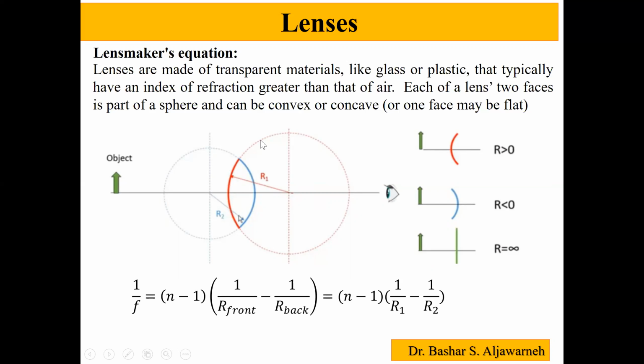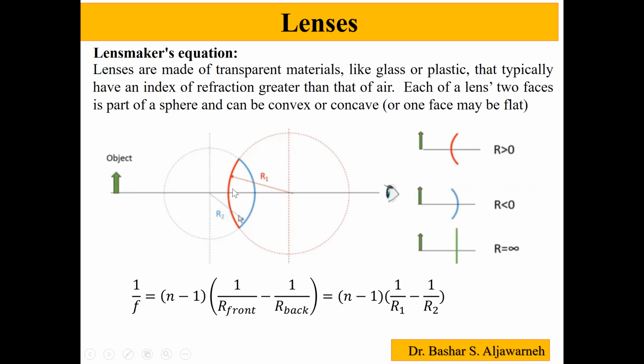So in general, as you can see here, I have a convex lens of two faces. In other words, I have two spheres, and my lens here has two faces, where these two faces are parts from the sphere, the two spheres, I mean.